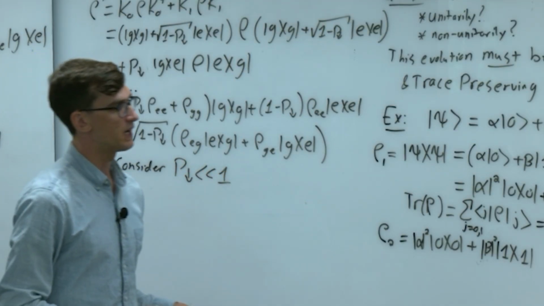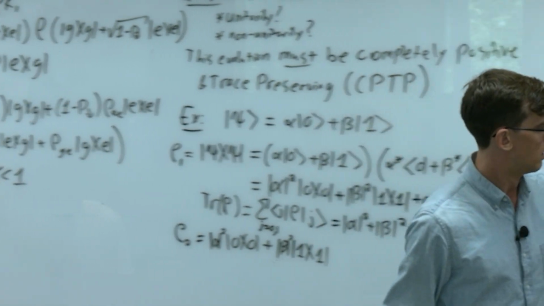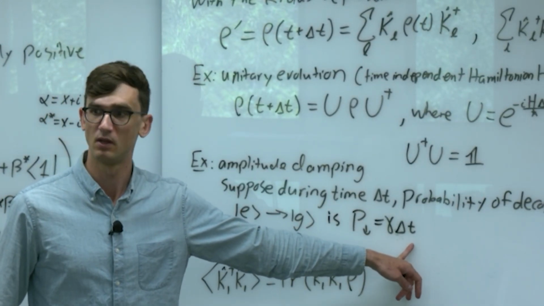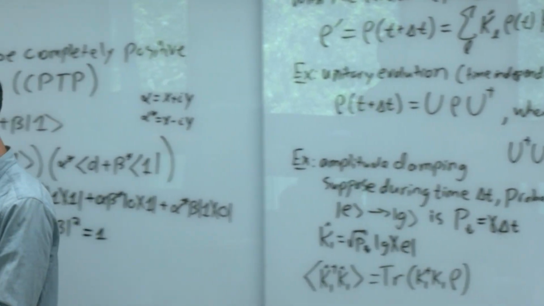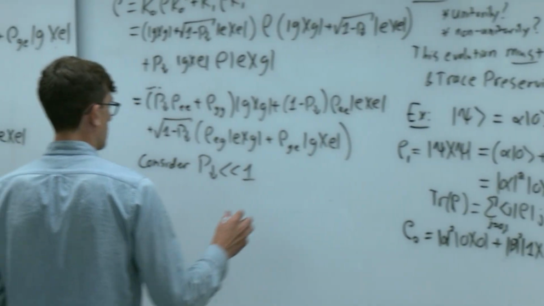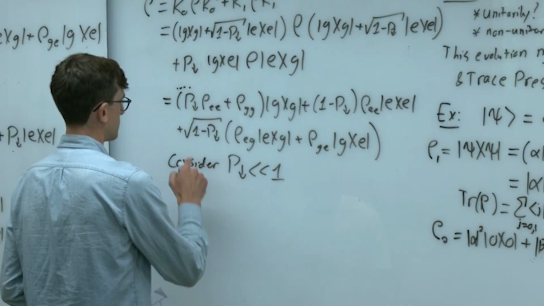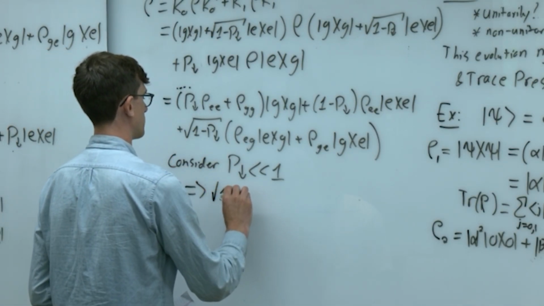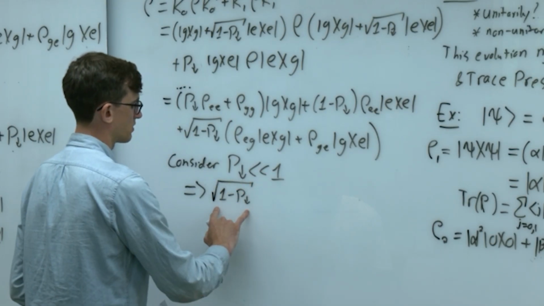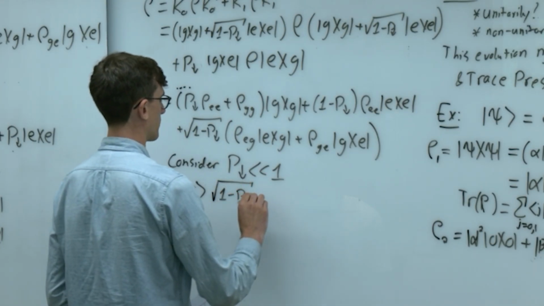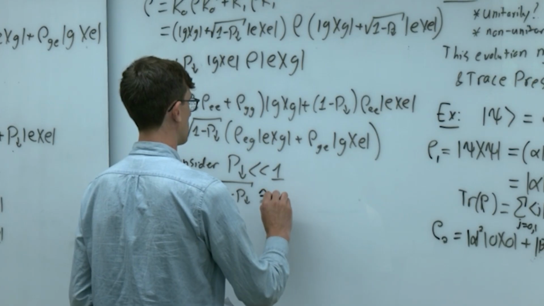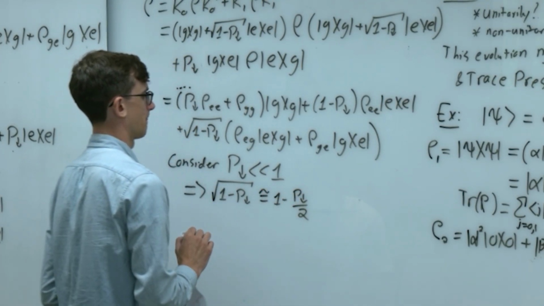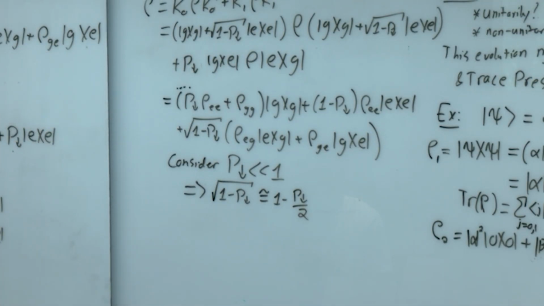And this could be any combination of the rate of decay being small or the time interval in which I'm asking the question being small, compared with 1. Then we can expand this square root of 1 minus p down. I just Taylor expand this quantity, square root of 1 minus x, and this is approximately 1 minus p down over 2. Right, and there are obviously corrections to that.